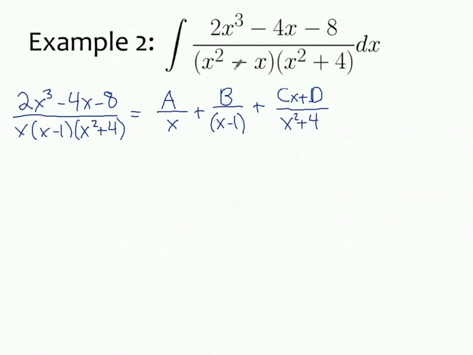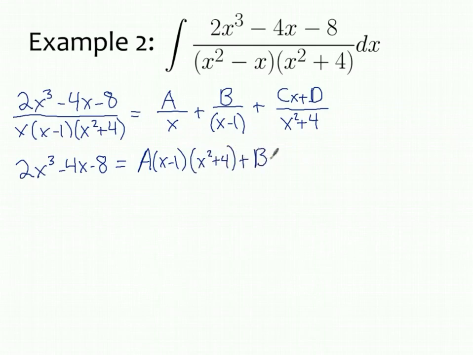Multiplying by the original denominator on both sides, we clear the fractions, and we get a times x minus 1 times x squared plus 4 plus b times x squared plus 4 plus cx plus d times x minus 1.